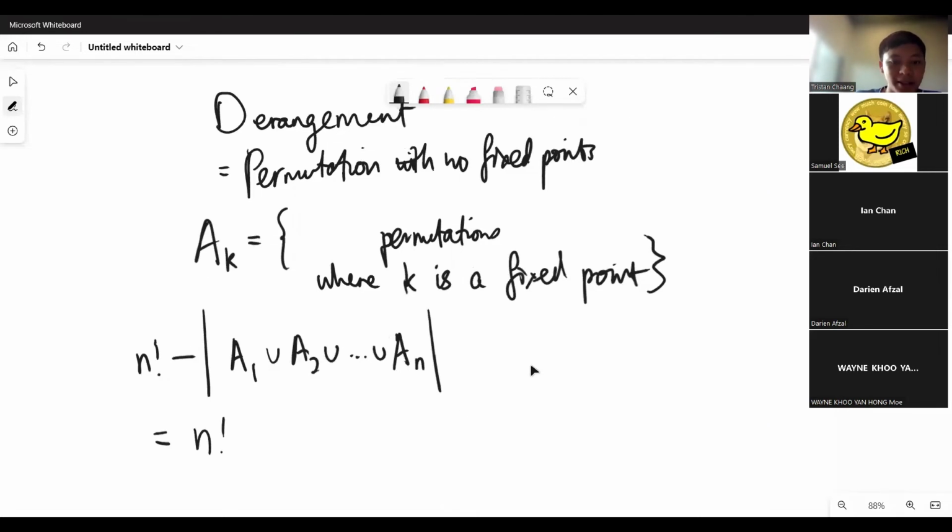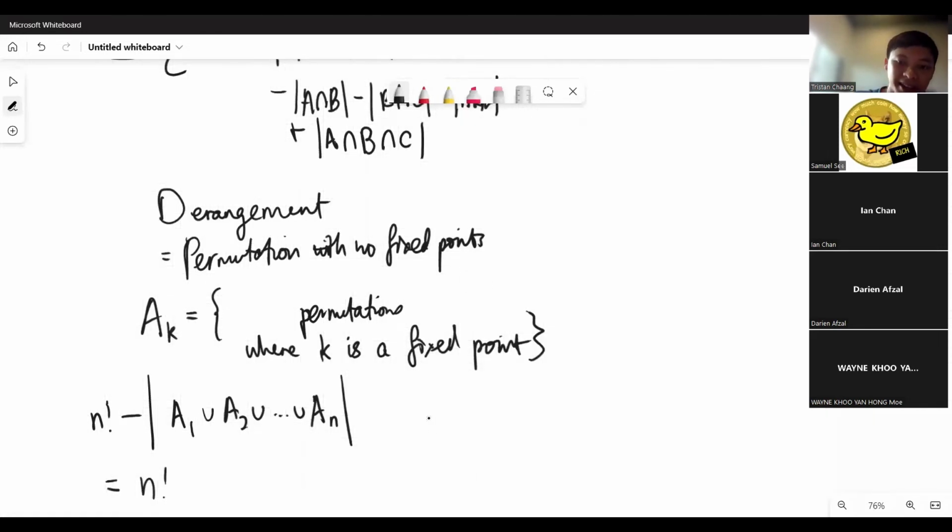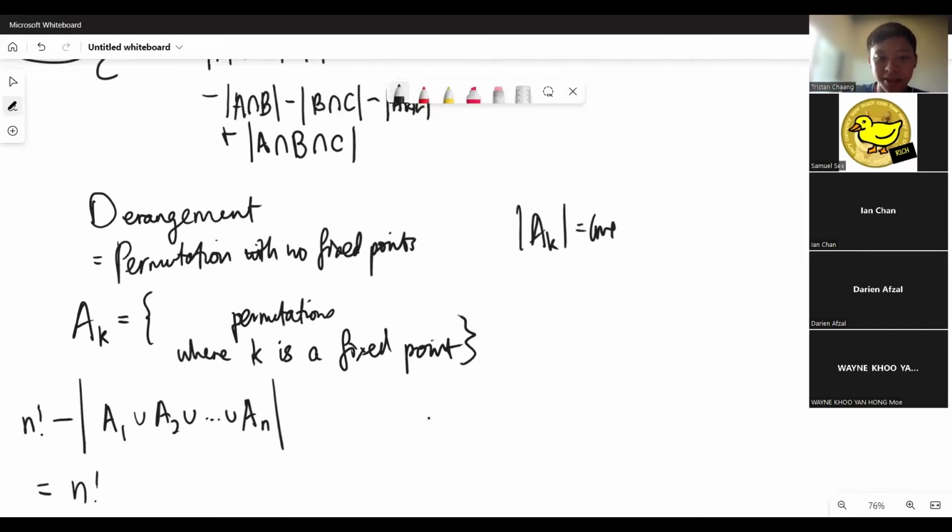Let's see. A_K has obviously n minus 1 factorial elements. How about A_I intersect A_J, where I and J are different?